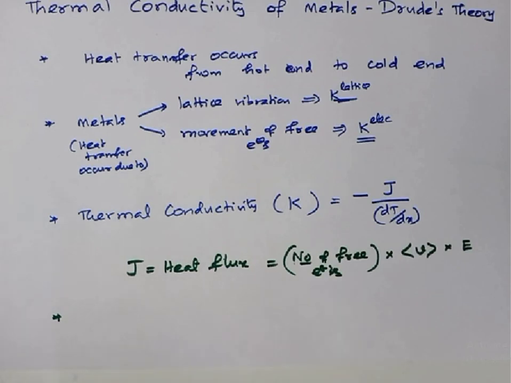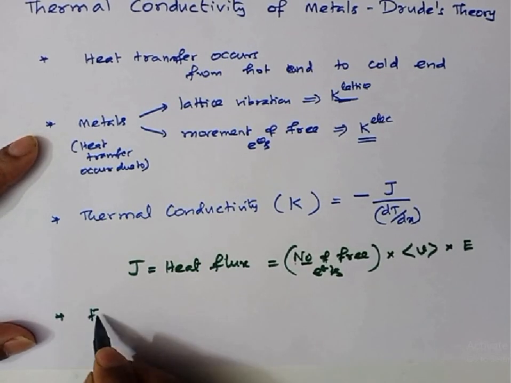No, electron motion is completely random. Thermal motion is completely random. So electrons can move from cold end to hot end as well as from hot end to cold end. So this is the point you should keep in mind.